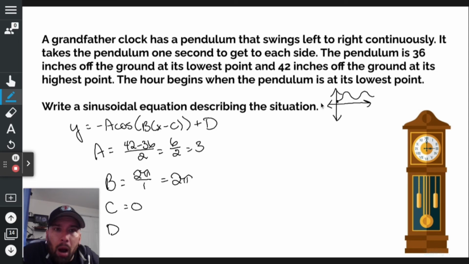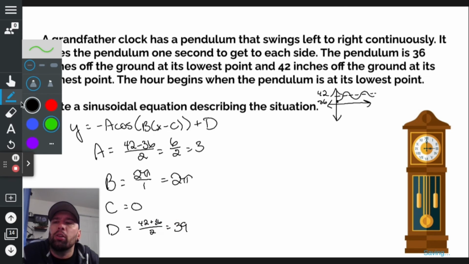Now, if at the very bottom it's 36 inches and then it peaks at 42, halfway is going to be the average. So 42 plus 36 over 2 is 39.